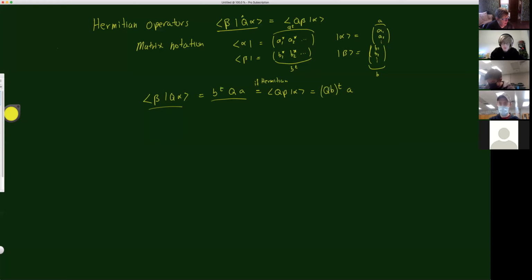And so if we look at that, what ends up happening here is that Q must equal Q dagger for it to be Hermitian.